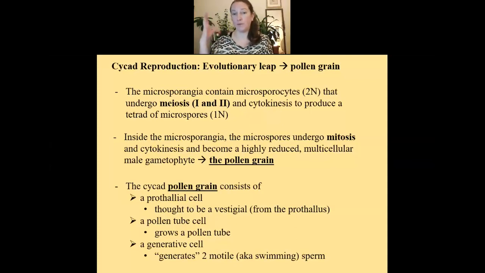So, major evolutionary leap. Megasporangium in the seed plants is now in an ovule. Microsporangium produces microspores that contain an even more reduced male gametophyte plant that we call the pollen grain.